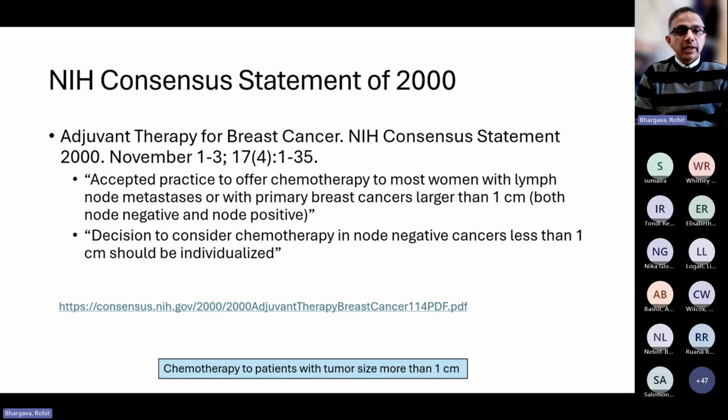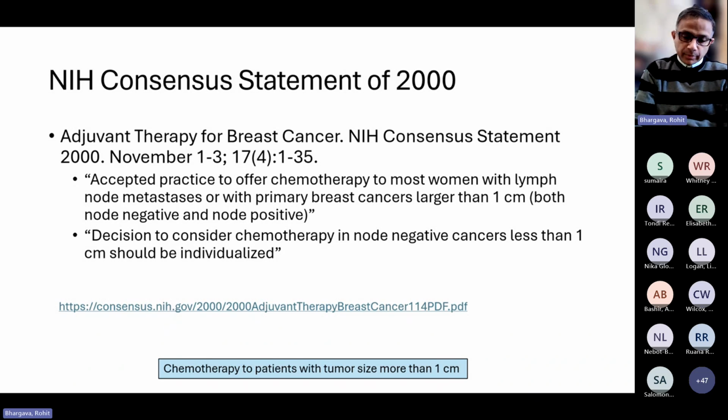These statements were made with the best available evidence at the time. And it also mentioned decision to consider chemotherapy in node negative cancers less than 1 cm should be individualized. So that basically meant at the time that chemotherapy should be considered or given to patients with tumor size more than 1 cm.